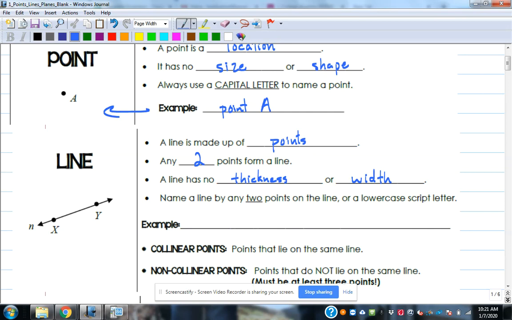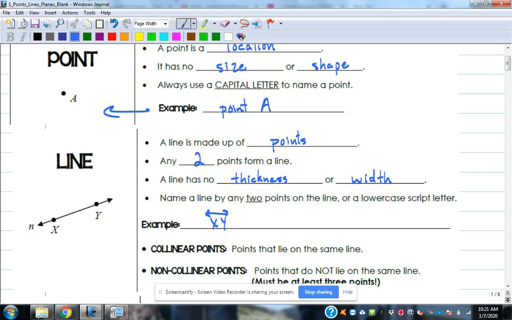So for this one, we would call this XY. And the way you want to note that is you put a line with arrows on each end above that. That's the notation that's most commonly used. That's what I'll use most of the time. If I say something about a line, that's the object, the line XY. Okay.